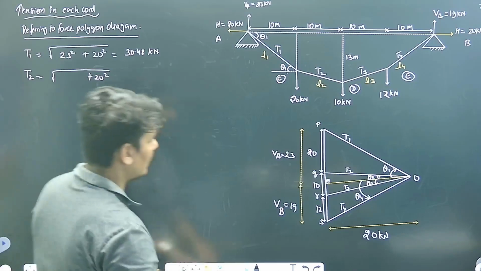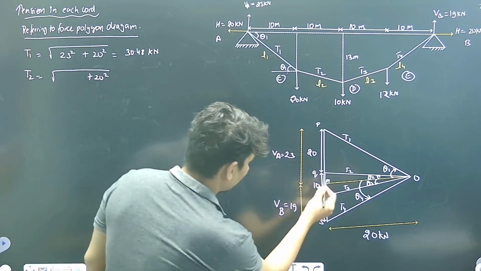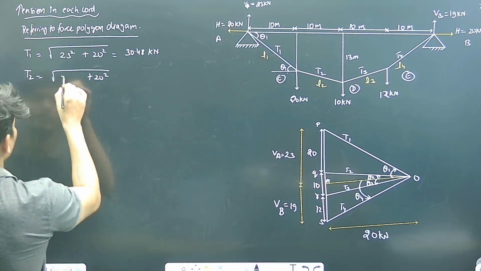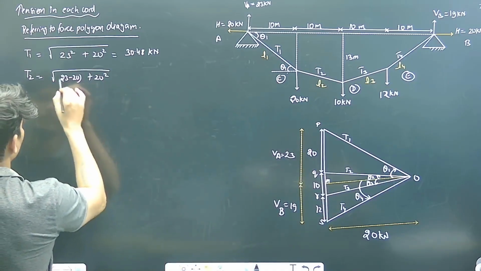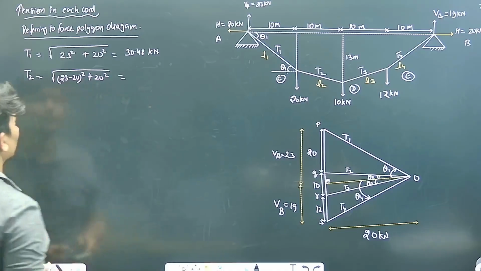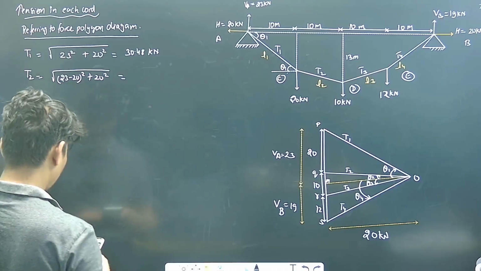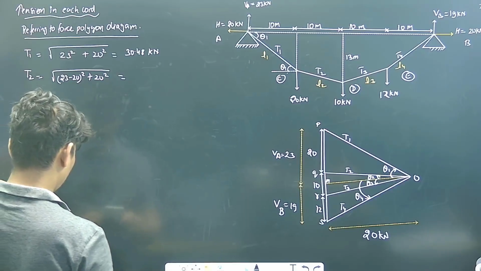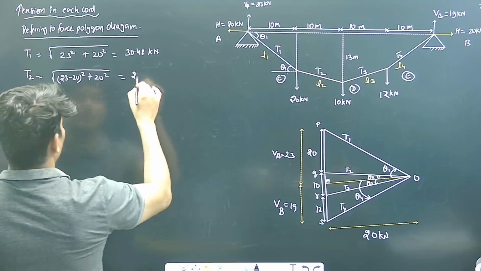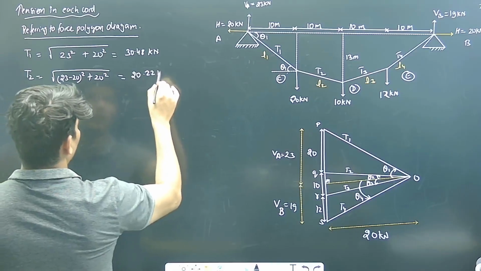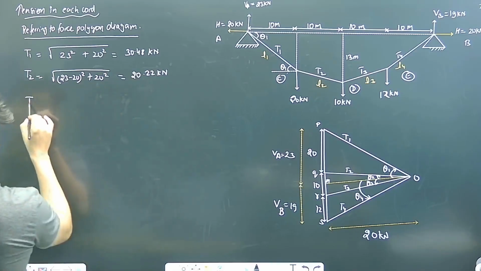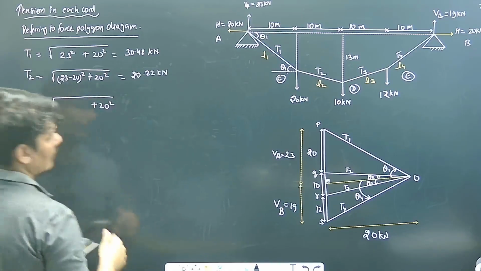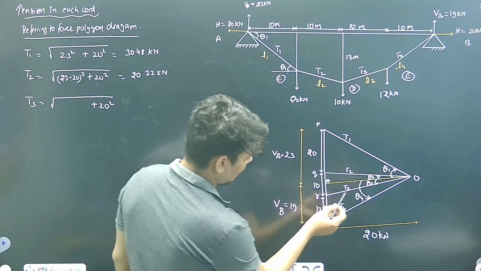Similarly, T2. What is perpendicular for T2? It's small. कितना? QM. QM कैसे निकलेगा? 23 minus 20. It's 20.22 kilonewton. T3 root over 20 square. What is this perpendicular for this?